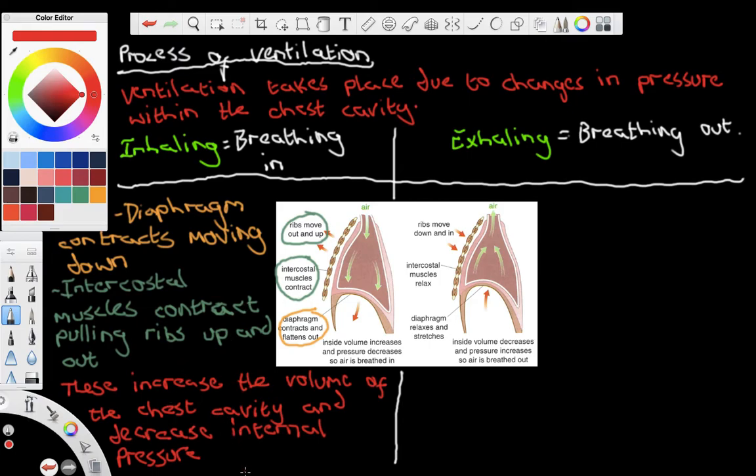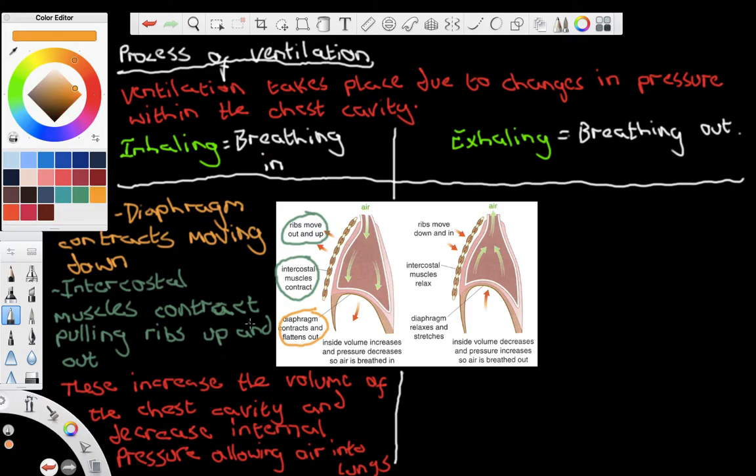I don't think I'm going to have much room, but I do want to say allowing air into the lungs. Okay, so we've got the diaphragm moving down, we've got the intercostal muscles contracting, pulling the ribs up and out. This increases the volume of the chest, decreases the internal pressure, and air moves into the lungs, okay? This is what breathing in is, inhaling.